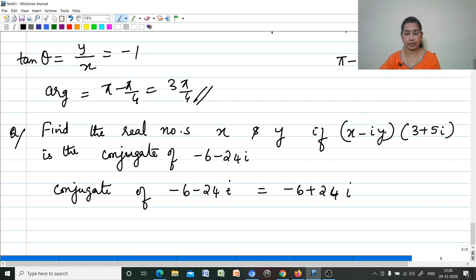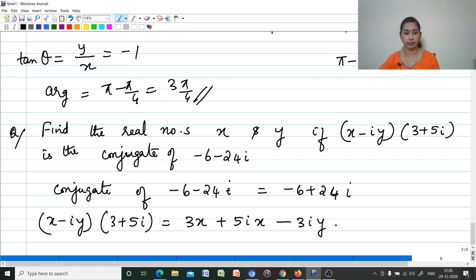Now we have to find x minus iy into 3 plus 5y. Multiplying this, we get 3x plus 5i into x minus 3i into y minus 5y into i square, that is equal to 3x plus 5yx minus 3iy plus 5y.